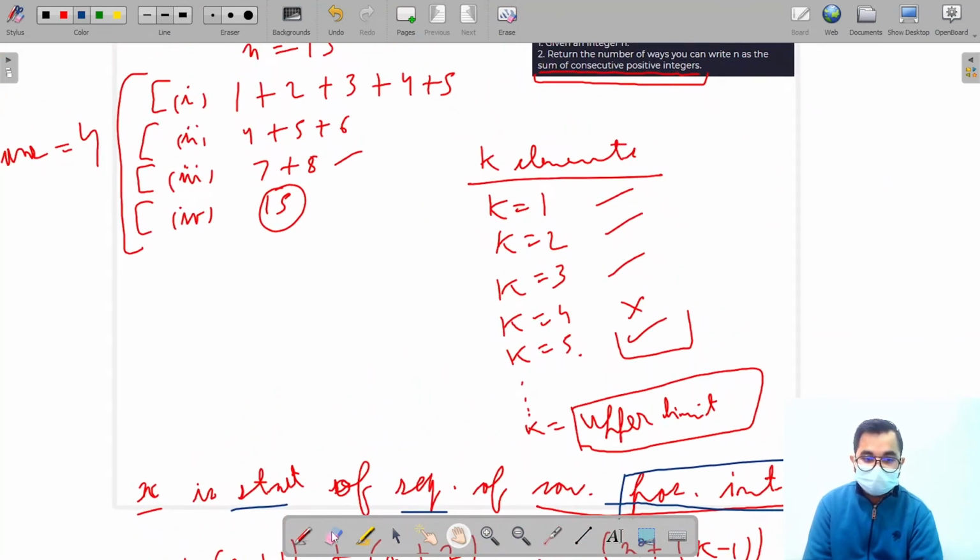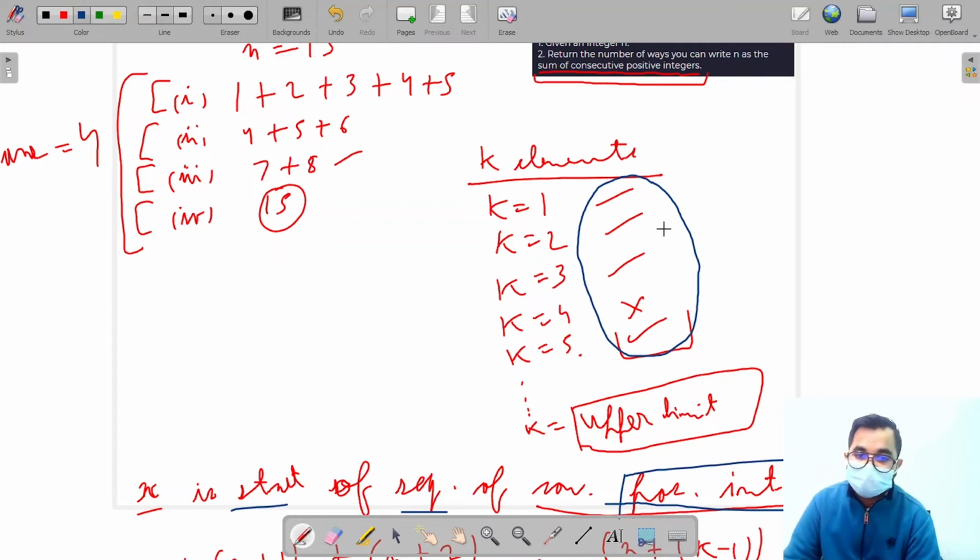Now, as I told you earlier, I still need to find a condition check for these. I just said that for k equal to 1, meaning if there is only one element present, it is possible to have a sequence whose sum is equal to 15, or whose sum is equal to n. I have k and I have to tell if it is possible to have a sum of consecutive positive integers equal to n or not.